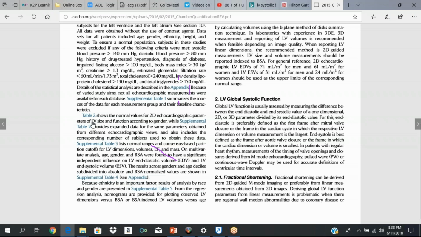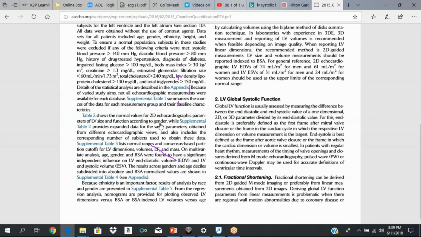We're going to look at table 2 in a little detail. Table 2 shows the normal values for two-dimensional echocardiographic parameters of LV size and function according to gender. There's a push now to not give one set of values for everybody, but to give values for males and values for females.